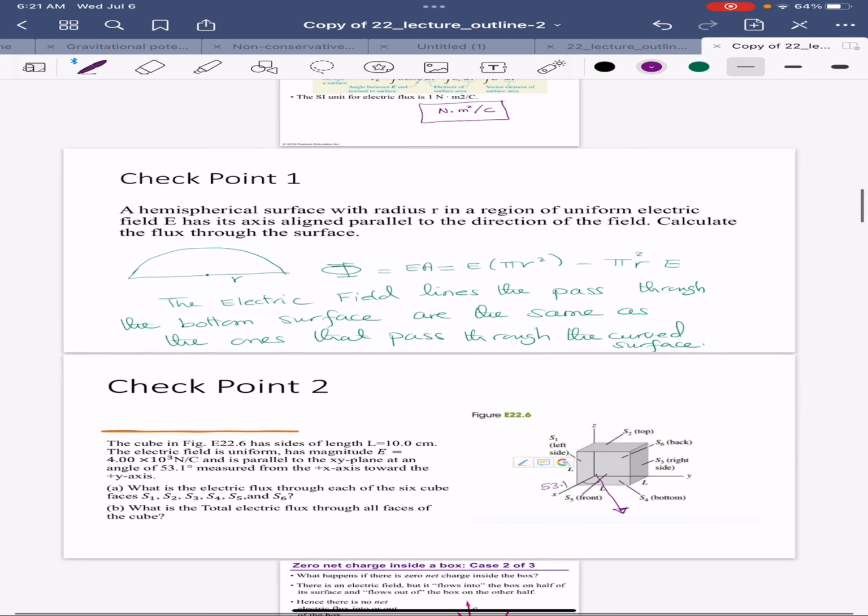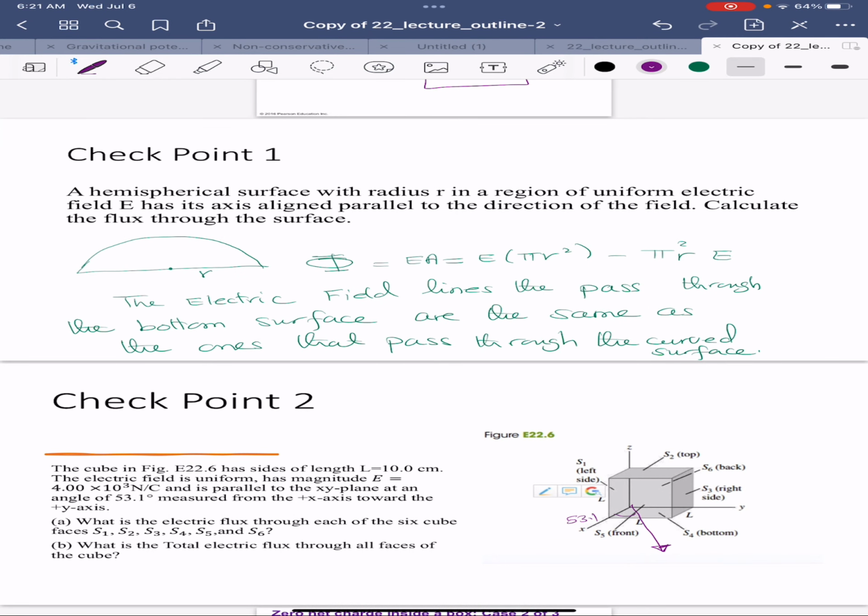If I have a spherical surface with radius r in a region of uniform electric field, and it has its axis aligned parallel to the direction of the field, calculate the flux through the surface. The flux is E times A. If we consider the surfaces here, this one is the flat one and this one is the curved one.